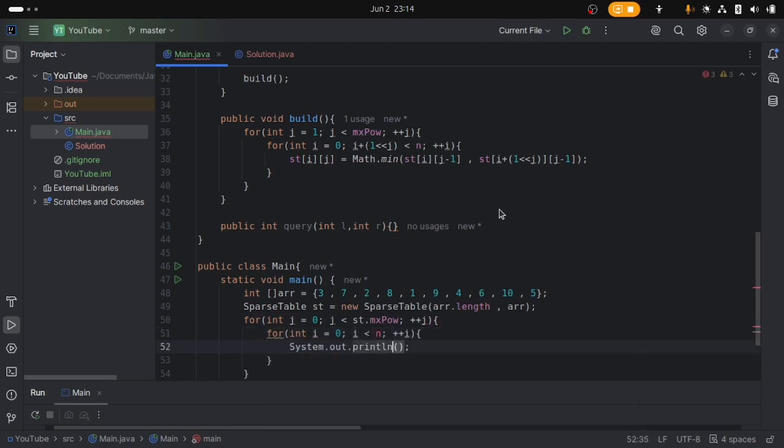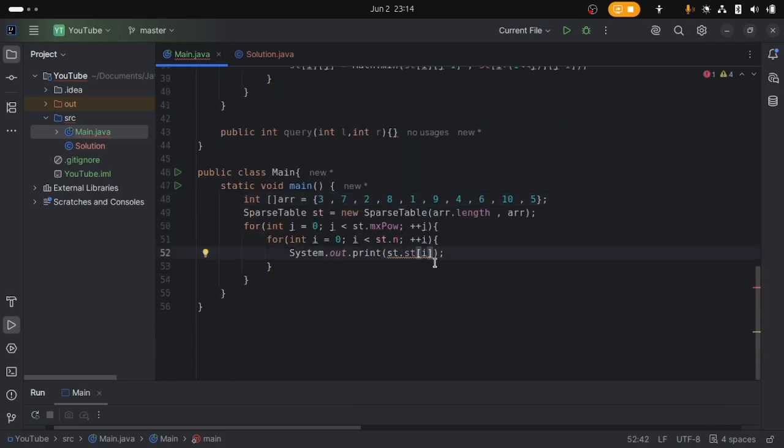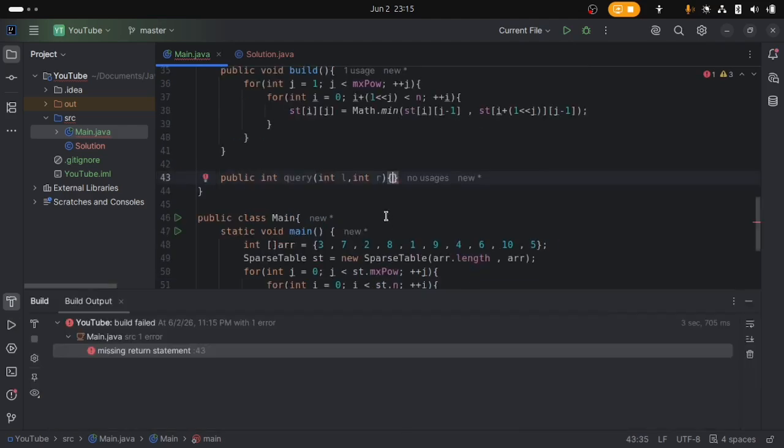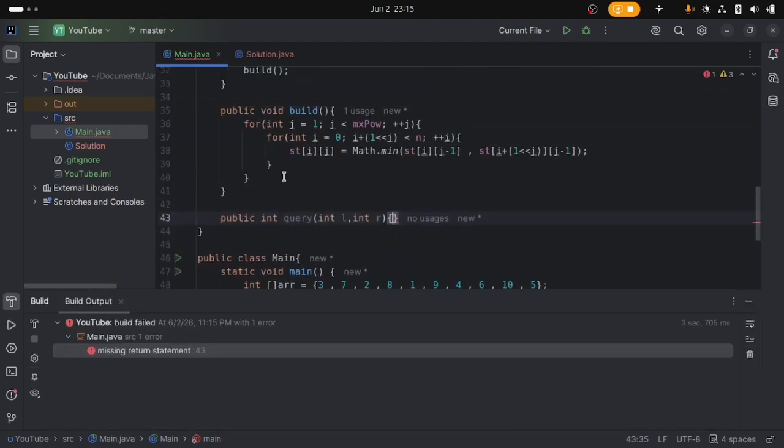So system out, st.st, so define st.n, so st of i, j. Let's run this code. Missing return statement. Okay, I'm not returning anything, so return 0.